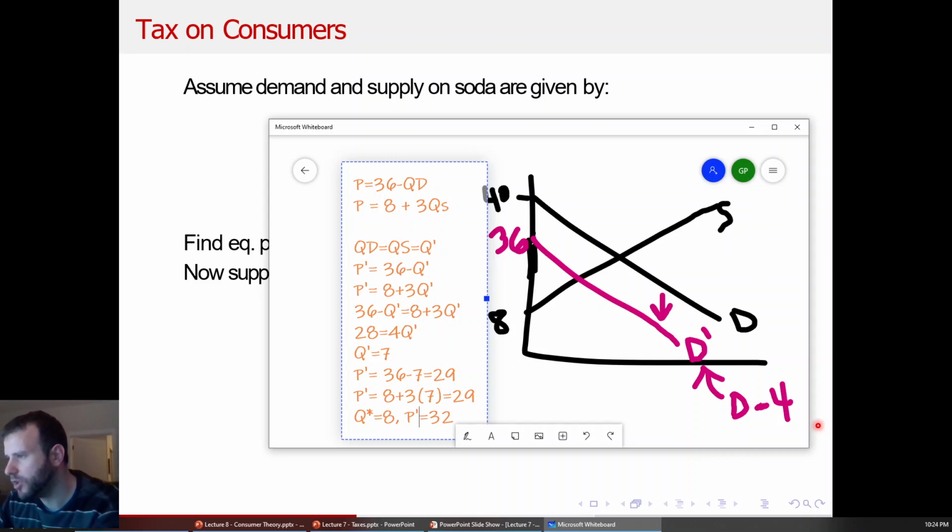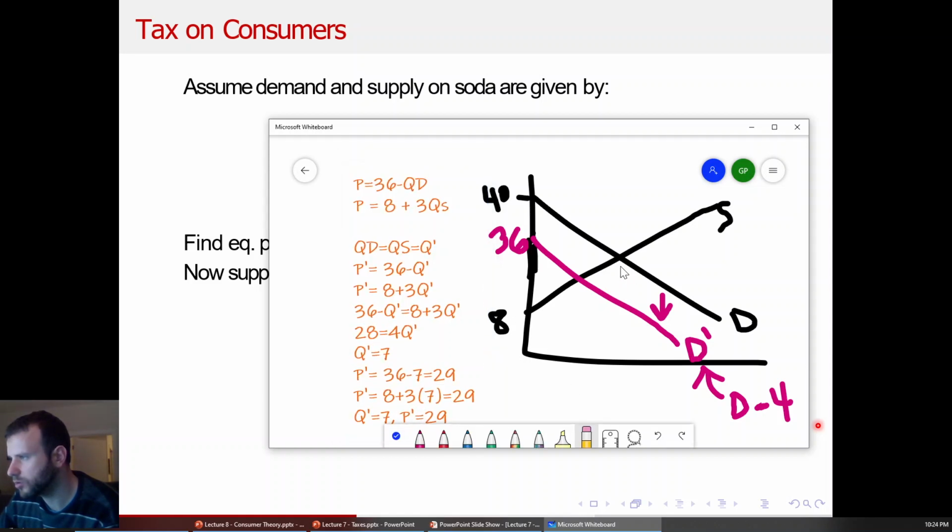So P prime is 29, Q prime is 7. Okay. So the old one was 8, new one is 7. Okay. Old one was 32. New one is 29.